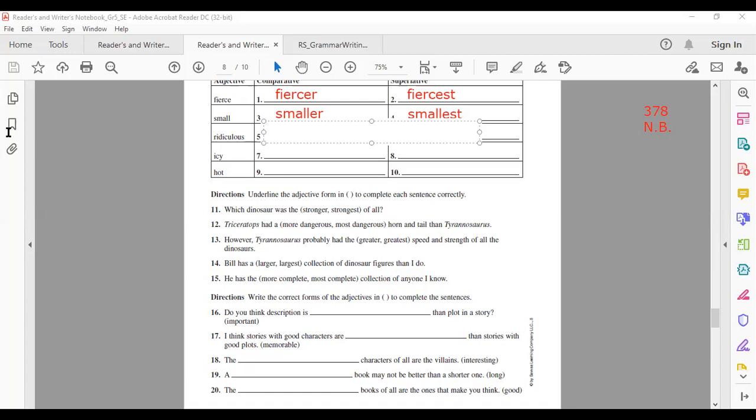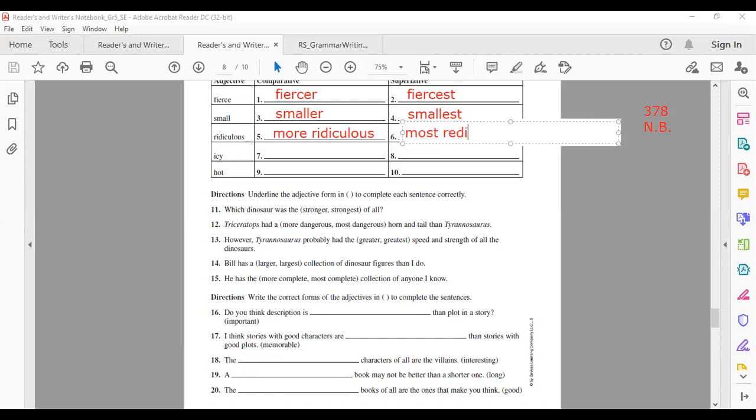Ridiculous is long, so it will be more ridiculous. Excellent, Amal. Very good, because it's a long word. It's more than 1 syllable. And superlative, it will be most ridiculous. Yes, this is my girl. Excellent job. Now I got it. Excellent. So most.